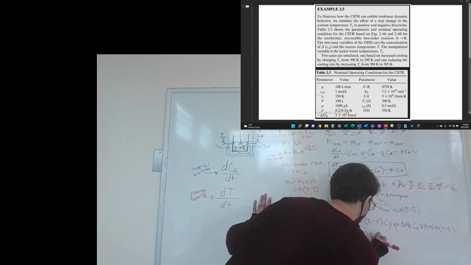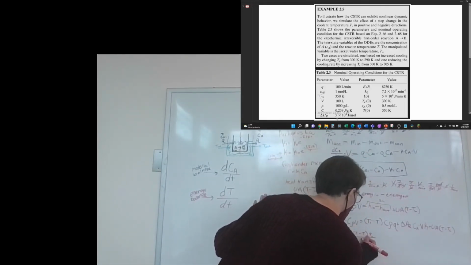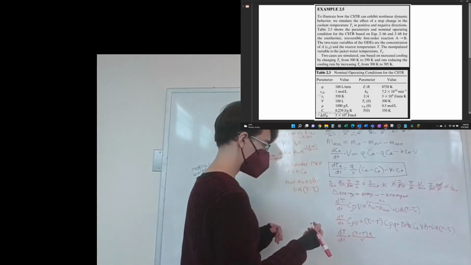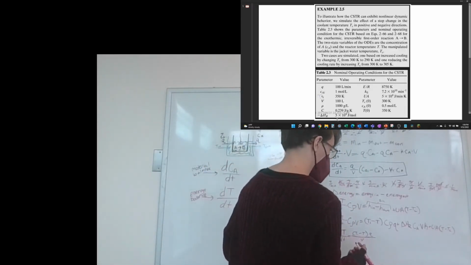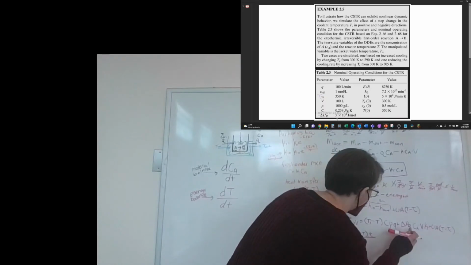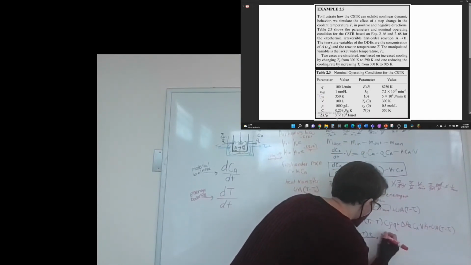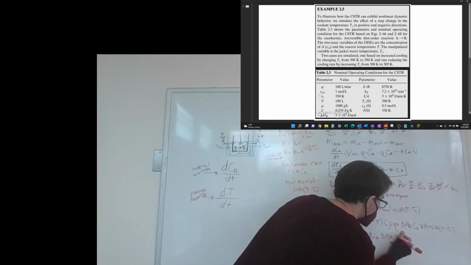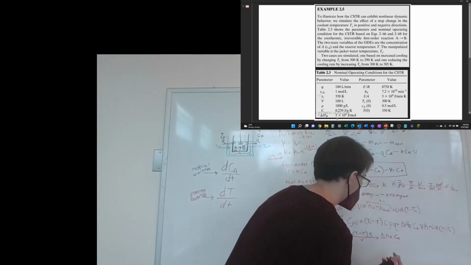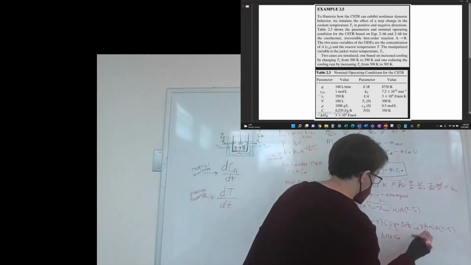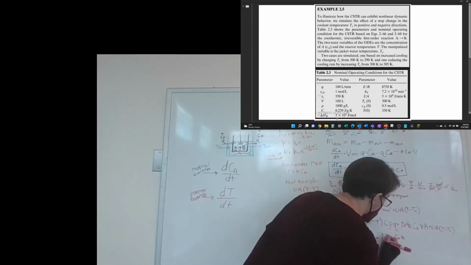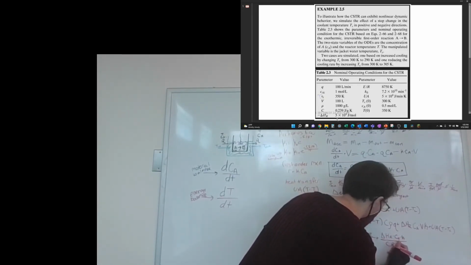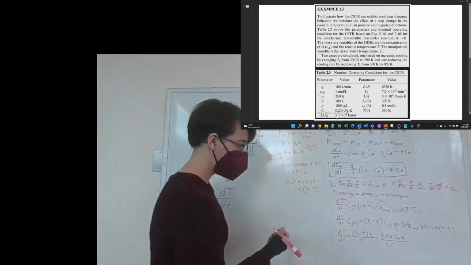We're going to get Q over volume, and then plus the heat of reaction, times concentration. Volumes are going to cancel, K will not, over heat capacity times density.